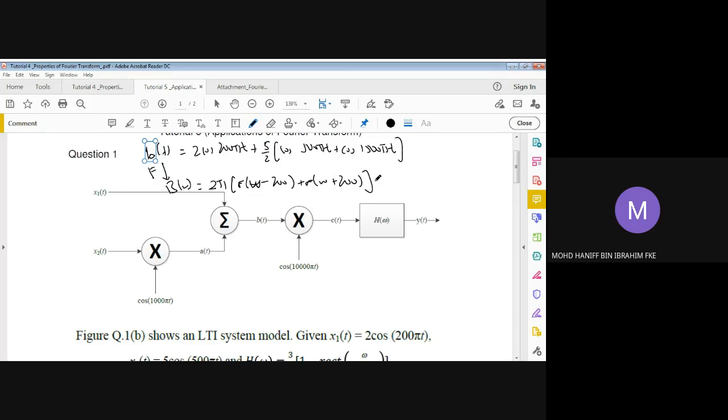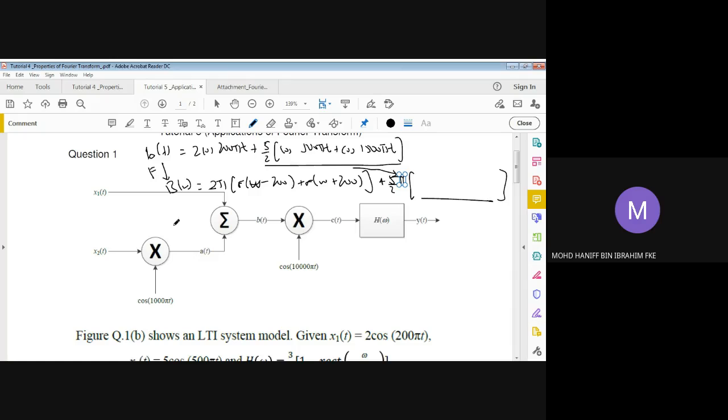And for this, we'll follow suit based on what we have obtained previously. You can refer to the previous sketching, yeah? So you're going to have 5 over 2 pi, okay, and that should be 4 impulses over there.